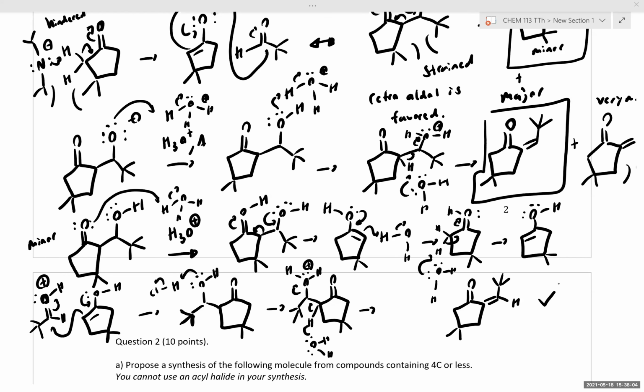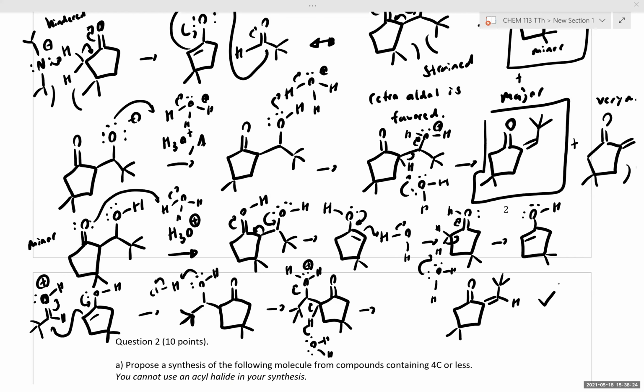Does everyone see how under acidic conditions, even if we got the minor beta hydroxyketone, it can be converted to the major product? Does this second mechanism make sense to everyone?